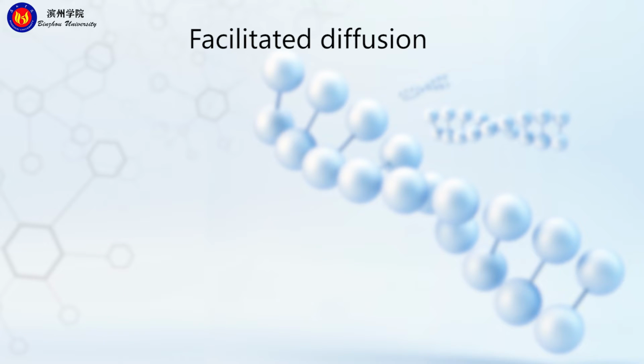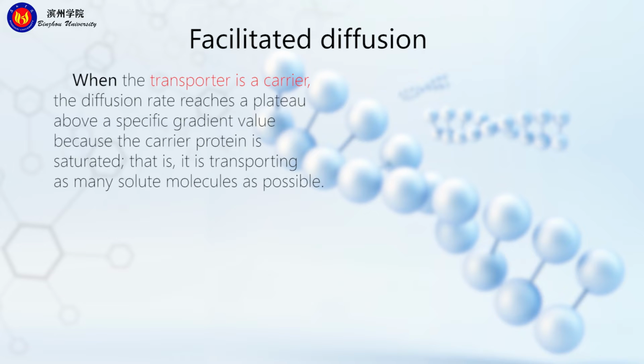Then let's say facilitated diffusion. When the transporter is a carrier, the diffusion rate reaches a plateau above a specific gradient value because the carrier protein is saturated. That is, it is transporting as many solute molecules as possible.